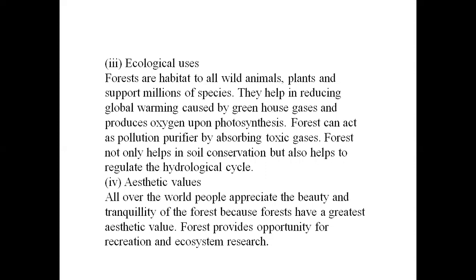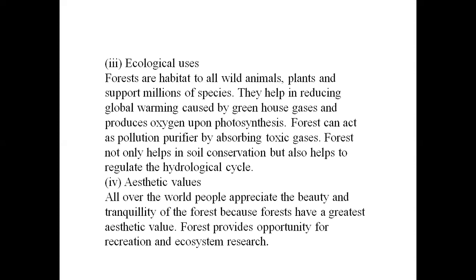Now, the third is ecological uses. Under the ecological uses of forest, we people are the major factor which has a contribution in ecological uses of forest. Forests are habitat to all wild animals, plants, and of course we human beings. And forests support millions of species.